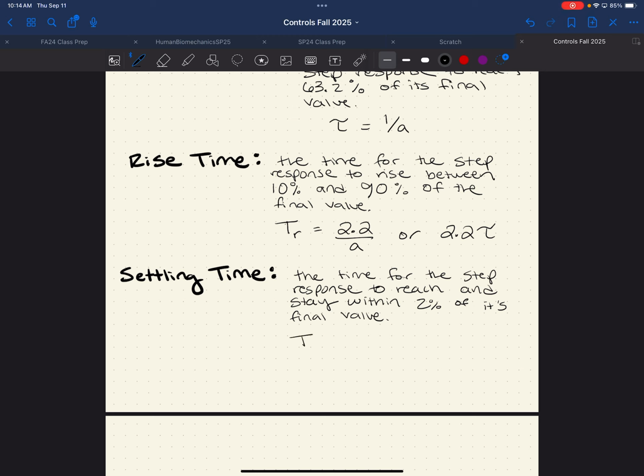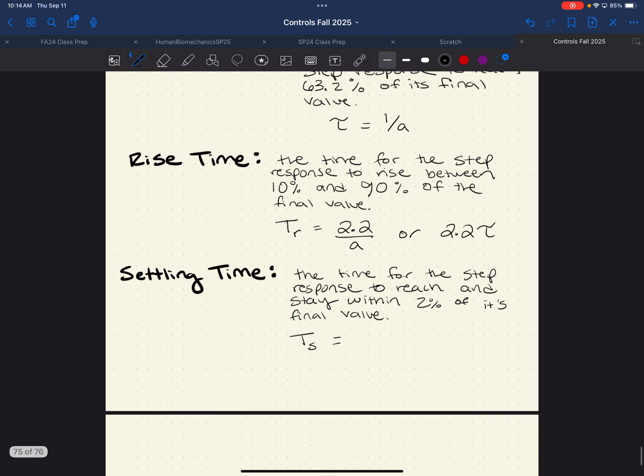Okay, but our first order systems are much simpler and they behave better. All right, so we give our settling time T sub S, and it is 4 over A, or 4 tau.